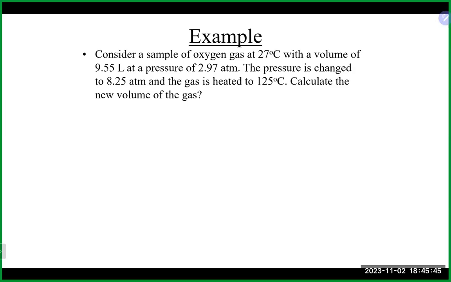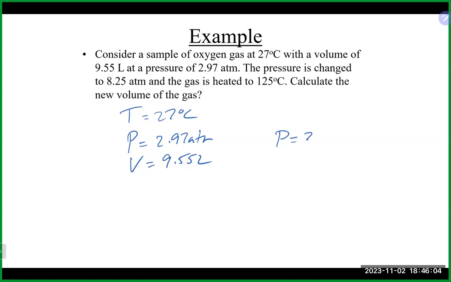Looking at this, if we pull out the information, we have a temperature of 27 degrees, a pressure of 2.97, and a volume of 9.55 liters. We have another pressure of 8.25, a temperature of 125 degrees Celsius, and a volume that we're looking for.